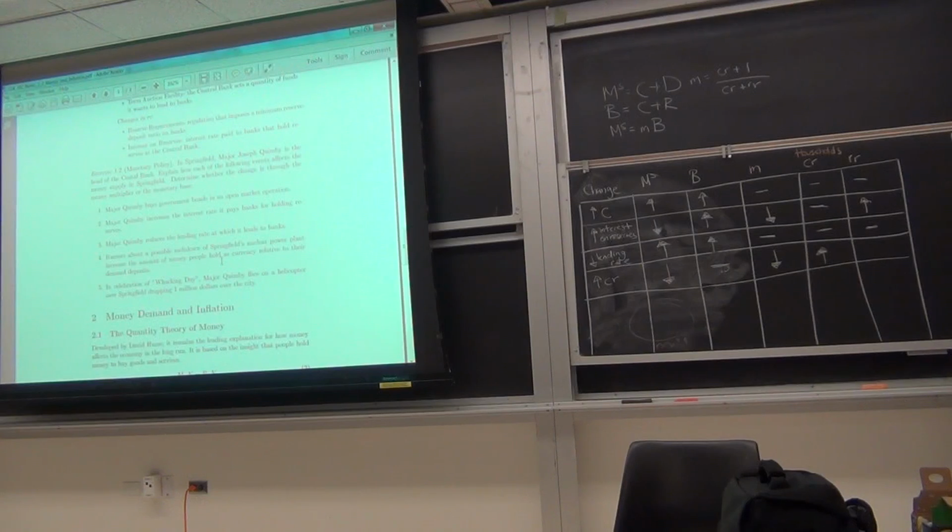The money multiplier is always greater than 1, it cannot be less than 1. So if the currency to deposit ratio increases, then that lowers the money multiplier, right?